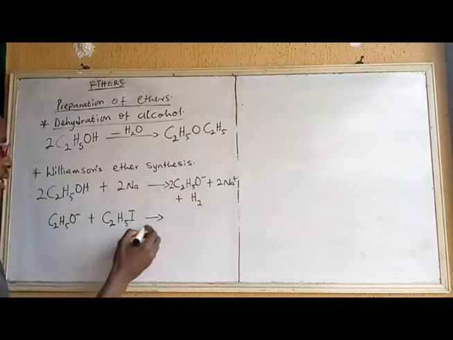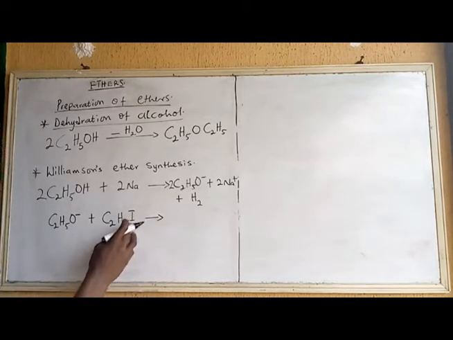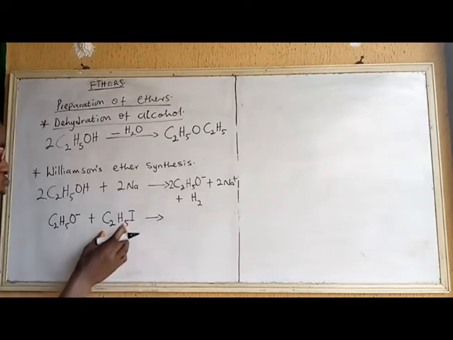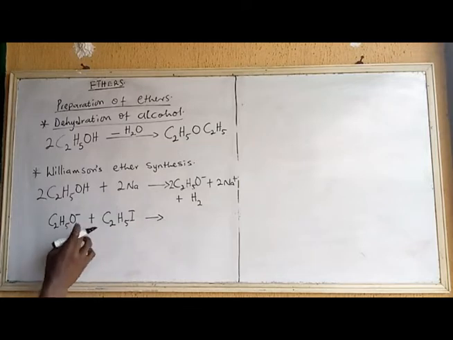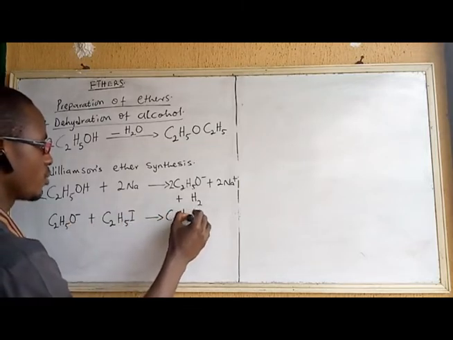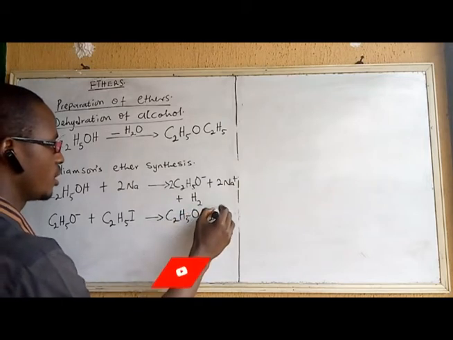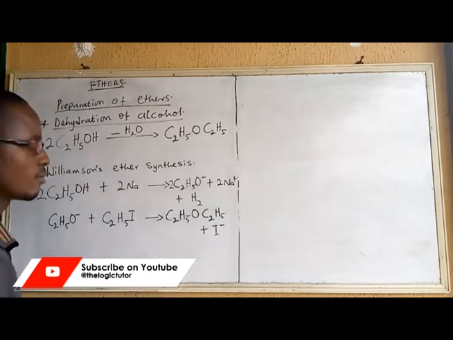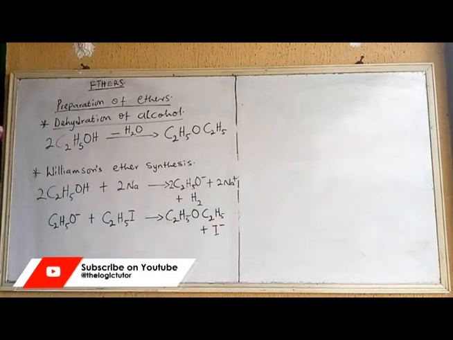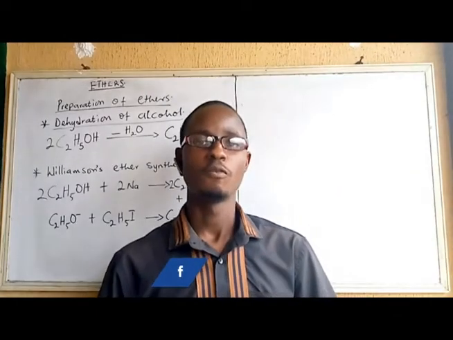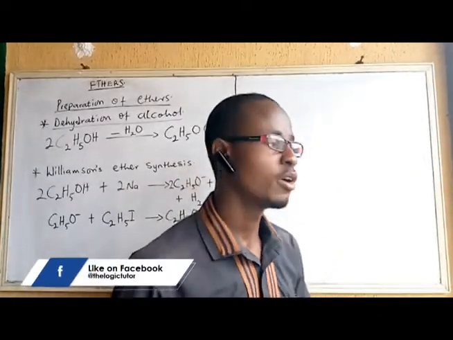When these are reacted, iodine is produced as an ion and the 2 radicals are connected to the oxygen. Then we have C2H5OC2H5 plus iodine. So this is another method of preparing ethers. These are the 2 major methods for the preparation of ethers.